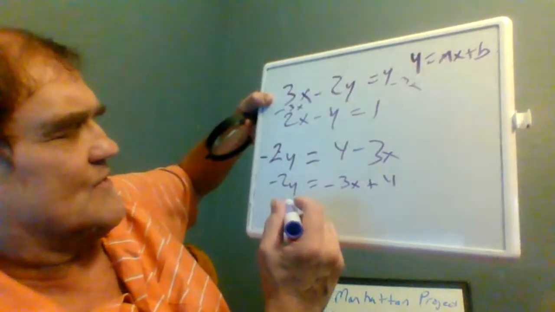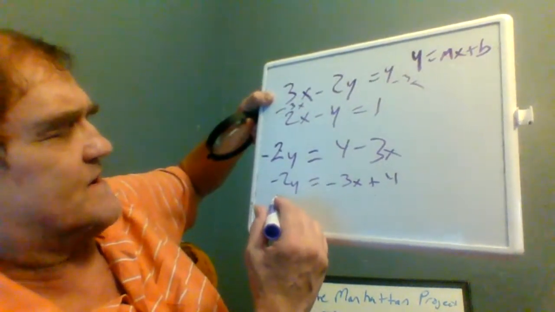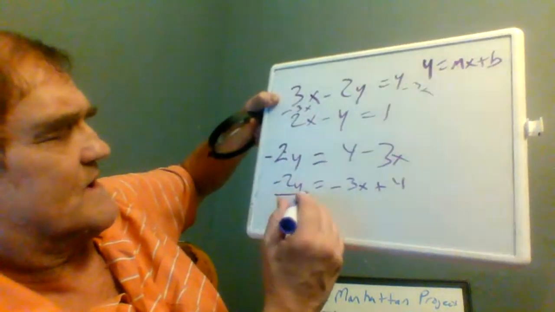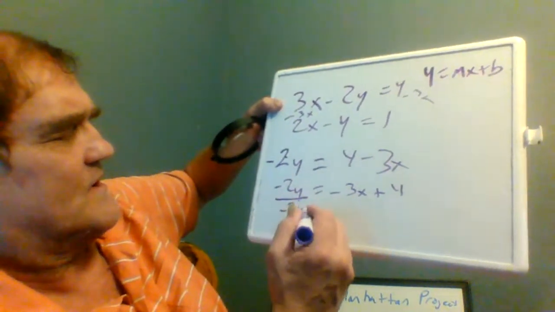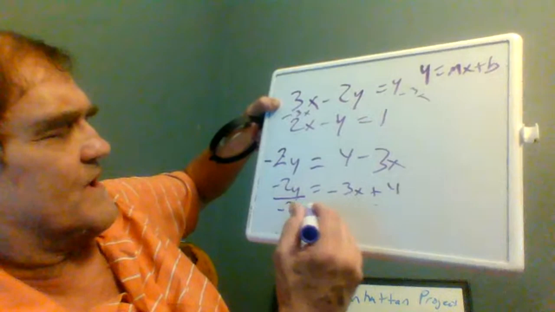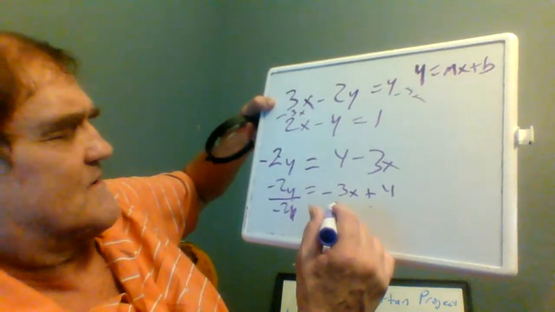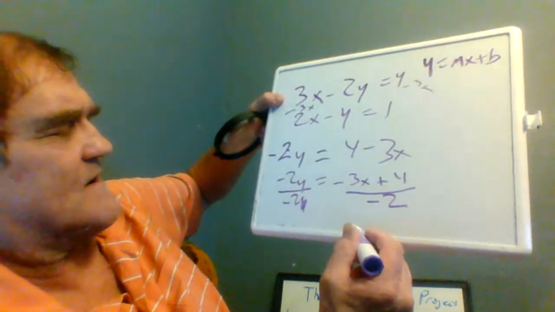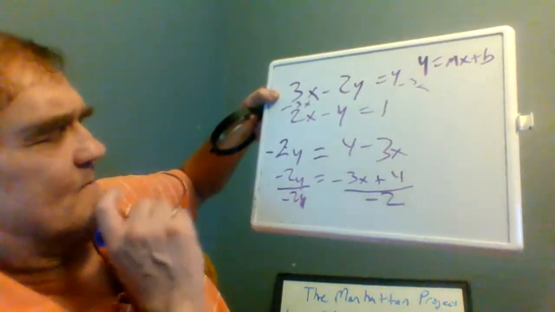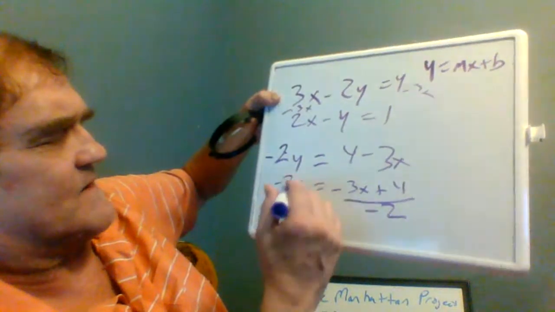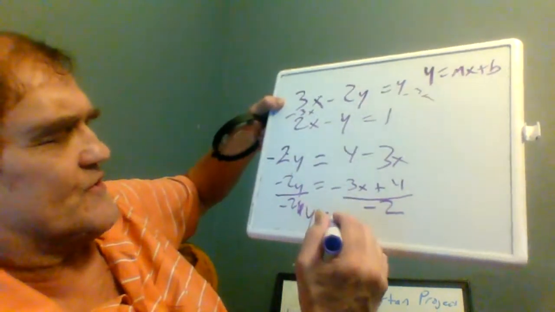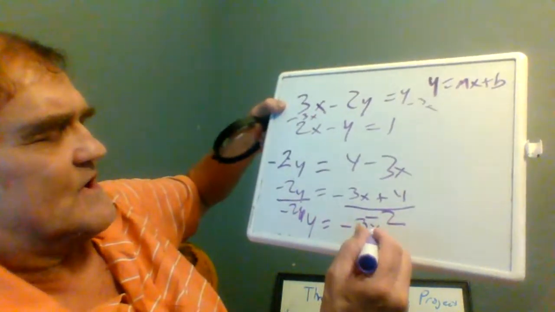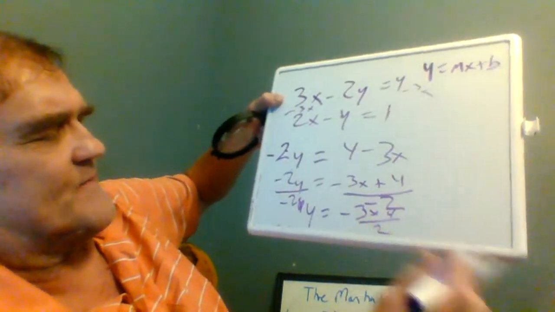Now what do I need to do? Well, I want to divide by negative 2 on both sides. That will make it y is equal to negative 3x plus 4, all divided by 2.